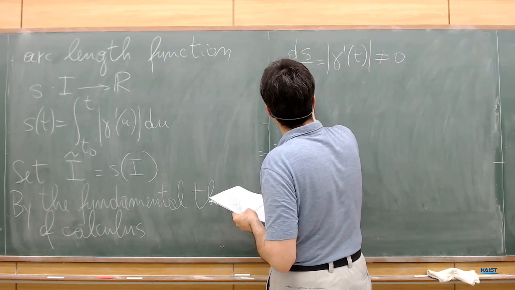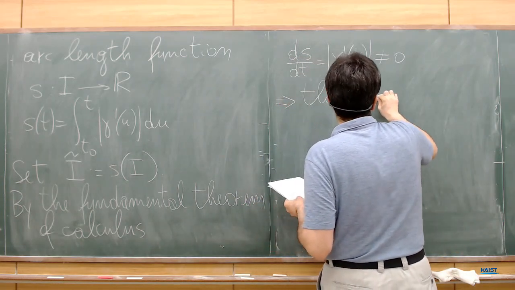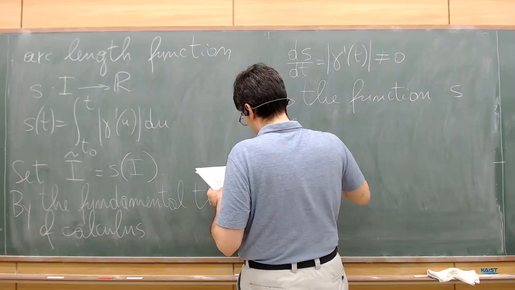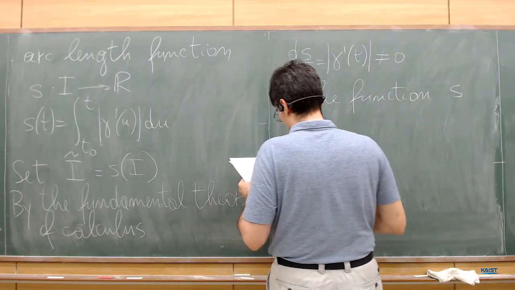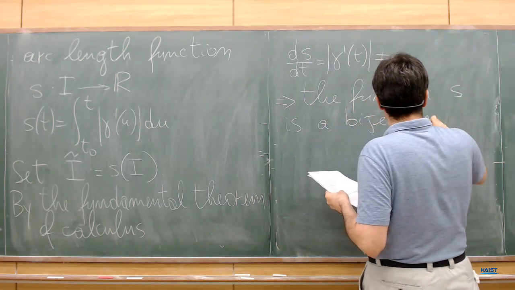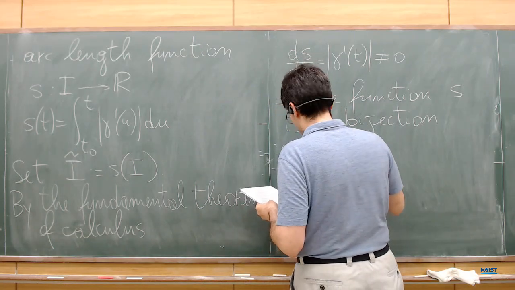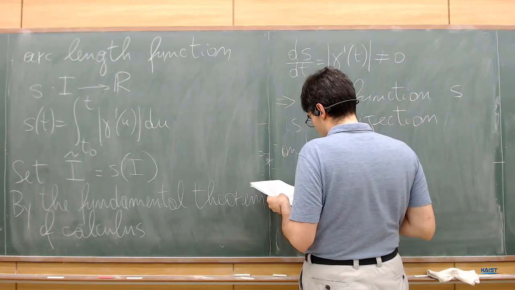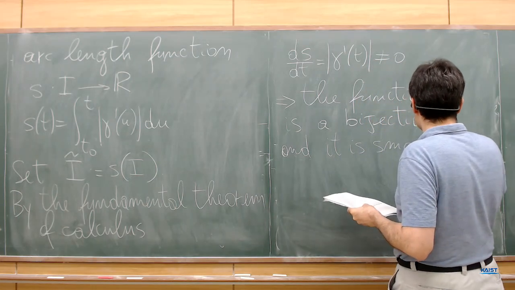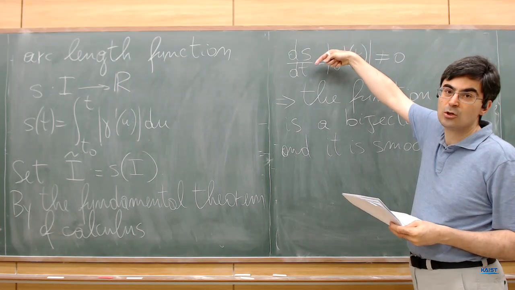This implies the function s is a bijection and it is smooth, because you can compute also the higher order derivatives and show easily that they exist.